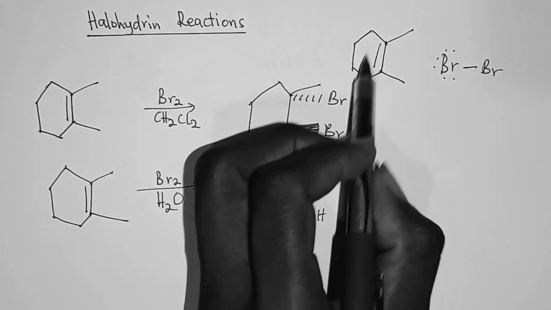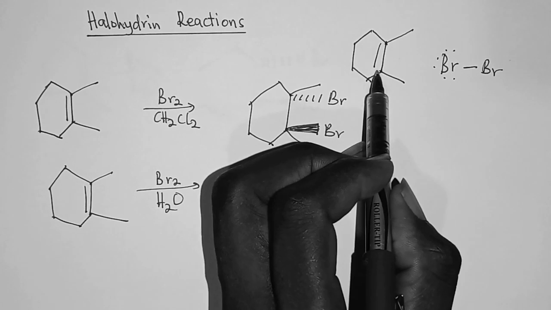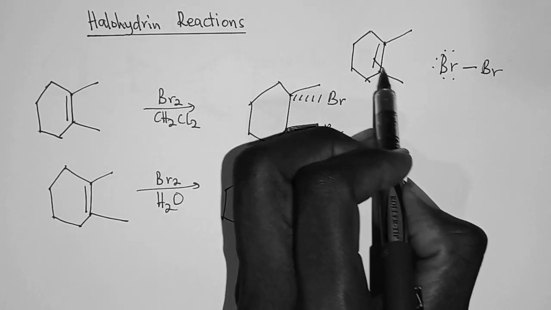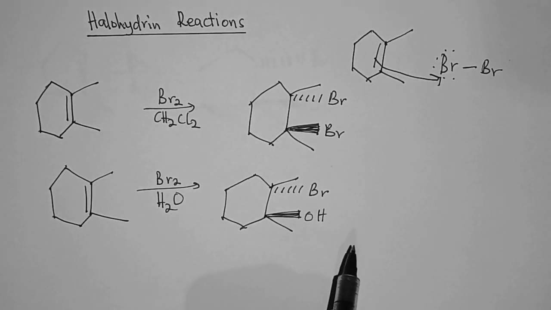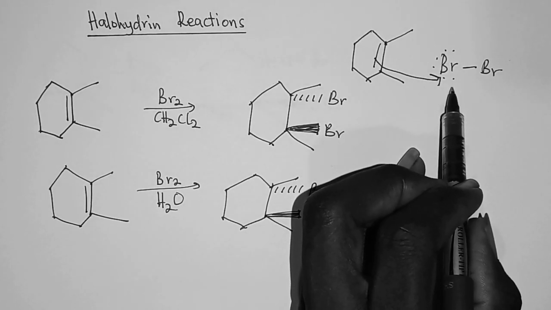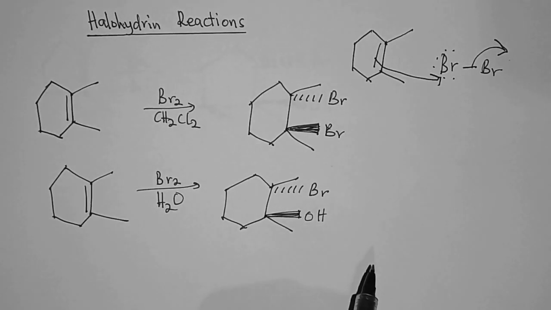And because of these pi electrons, this molecule is electron rich. So it comes here to donate its lone pairs of electrons. And that causes this bromine atom to cleave off.